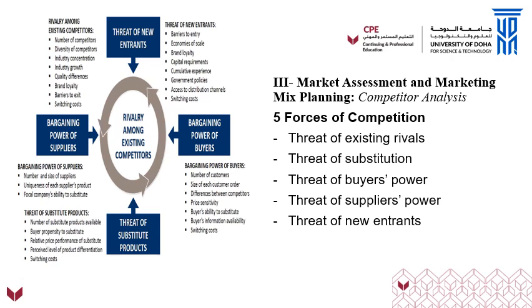First of all, he says for sure, competition is the highest when it comes from your existing rivals. Just the example of Pizza Hut versus Domino's Pizza, or Burger King versus McDonald's, or Pepsi Cola versus Coca-Cola, or Ooredoo versus Vodafone. So this is what we call the threat of existing rivals. That is for sure the highest level of competition.